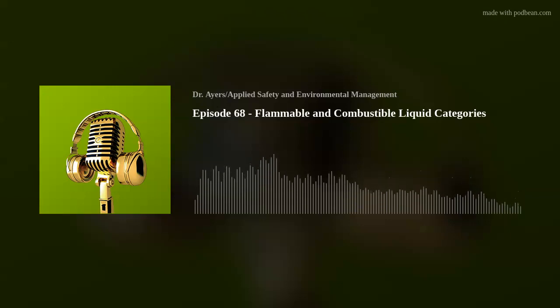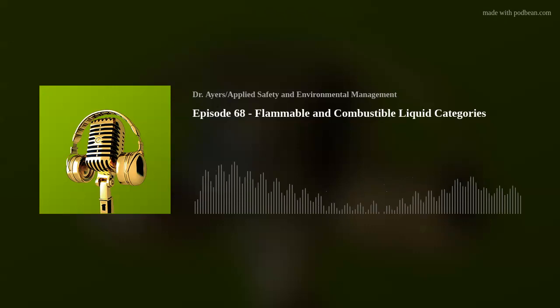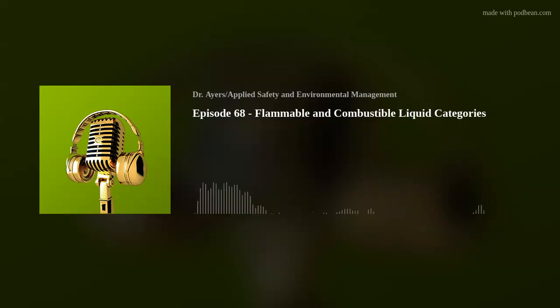So when we look at the range, we have four separate categories, and we'll break those down in the next couple of slides. Basically, we're going to look at the boiling point and the flash point, and then eventually, when we switch over to the combustible liquids, it's going to be focused on flash point only. So let's look at the first one here, category 1.